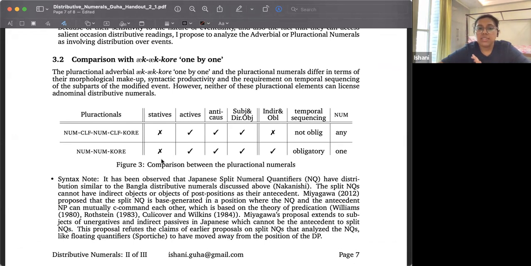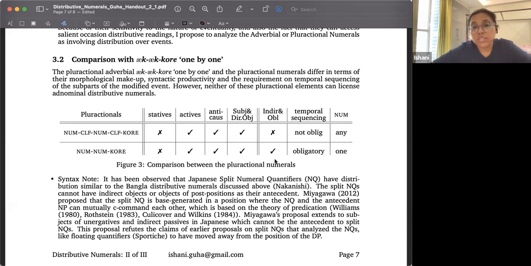So Aket Kore is bad with statives, just like Akjon Kore. Actually, both of these are good with antipositives. So the kind of fuldani dutukro hoye bhenge geche, that kind of sensitivity to the presence of a doer, we do not see for the pluractional numerals or the adverbial numerals with 1 by 1.